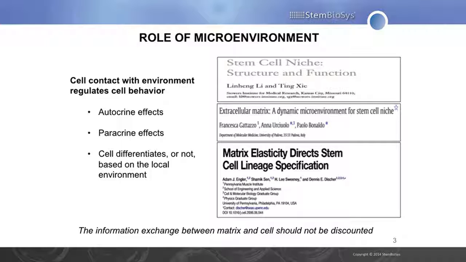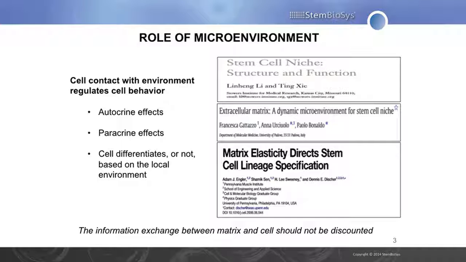So we have known for some time, and it's been published widely in the scientific literature, not only the importance of cell extracellular matrix interaction, but also specific to stem cells. We've just thrown a few examples up here. While we've known about this and accept the key role that the extracellular matrix plays in directing cell behavior, we continue to remove cells from this native environment when we want to place them in culture.